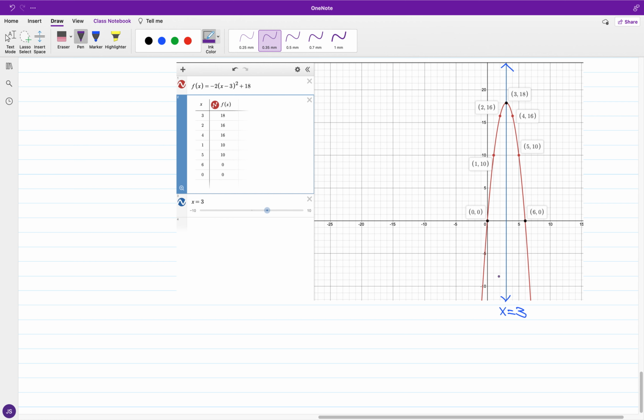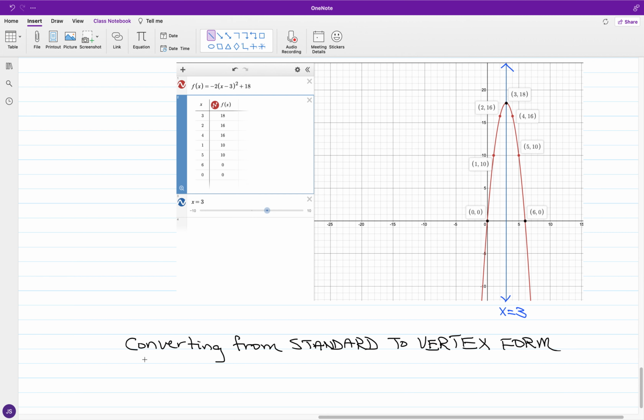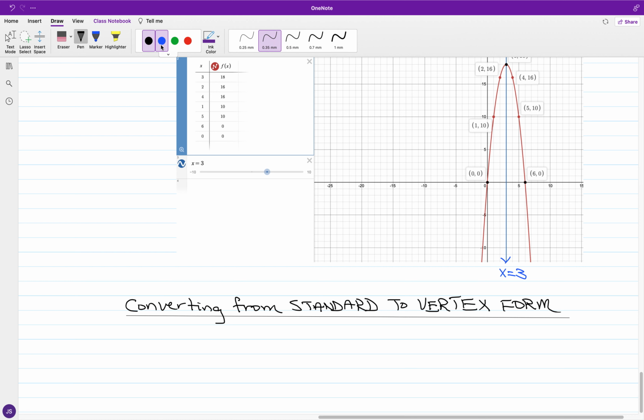For converting from standard to vertex form, I'll just give you one exercise.